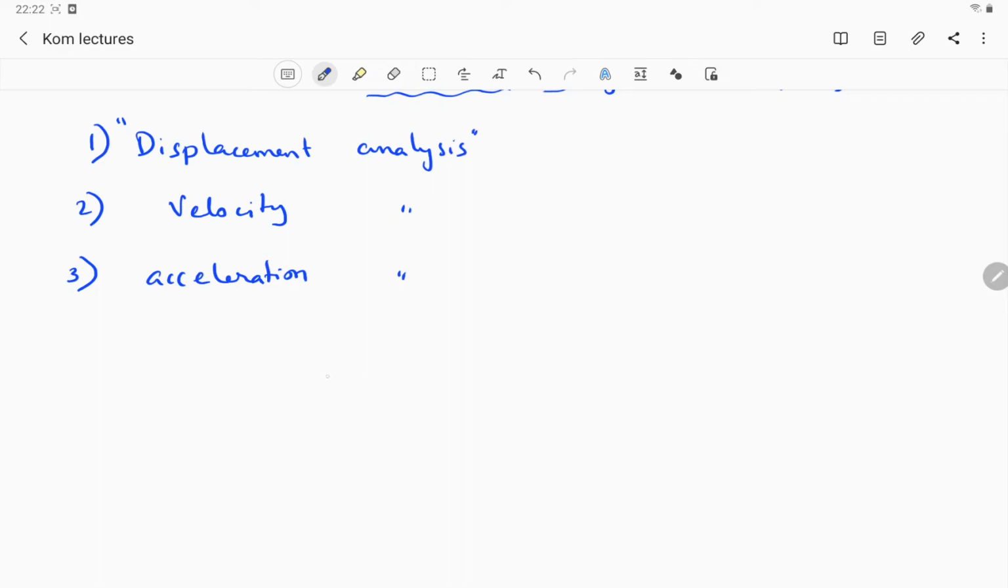And we also know that each link will have a relative motion, and therefore if there is a motion in an input link, what is the corresponding motion at the output, and not only at the output, what are the corresponding motions at all other links. So that's what we will discuss in the displacement analysis.